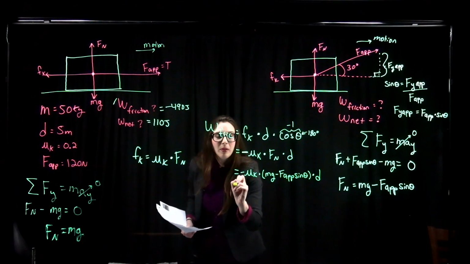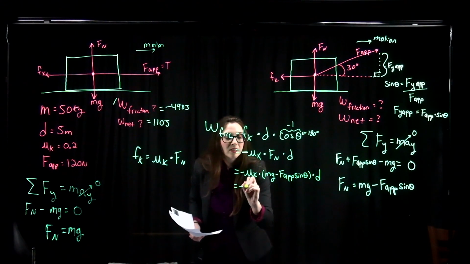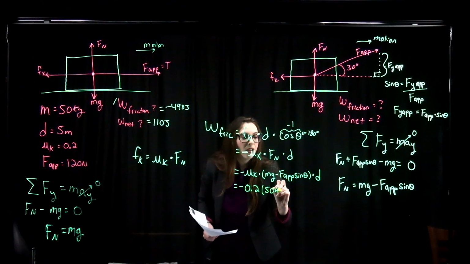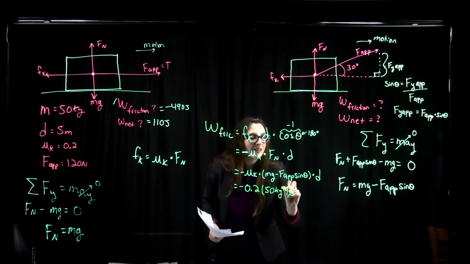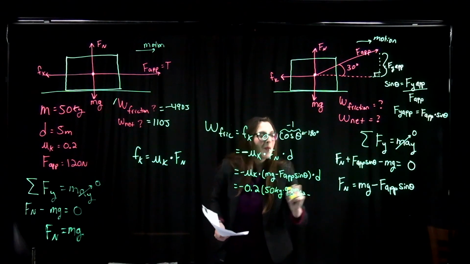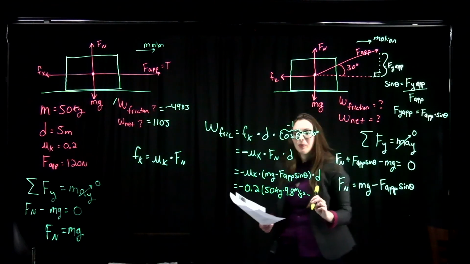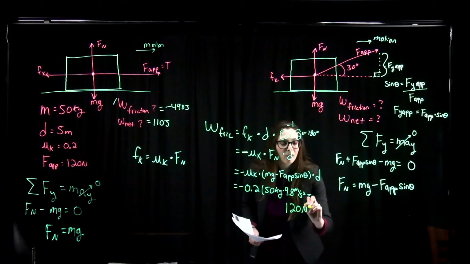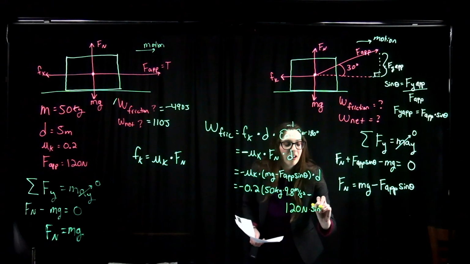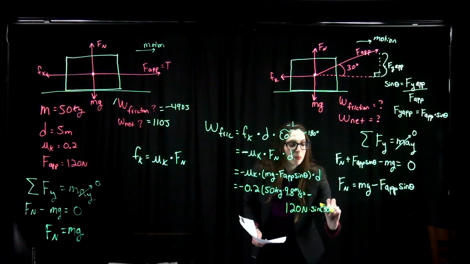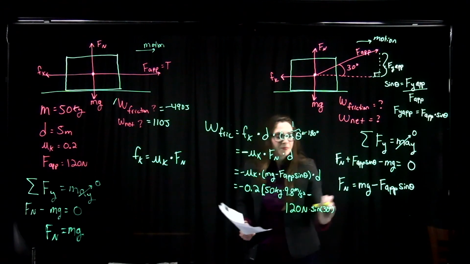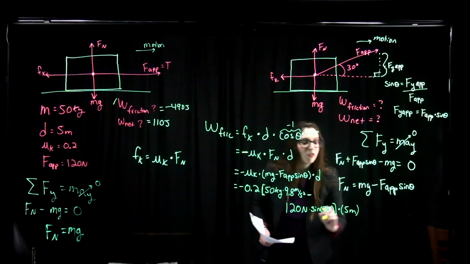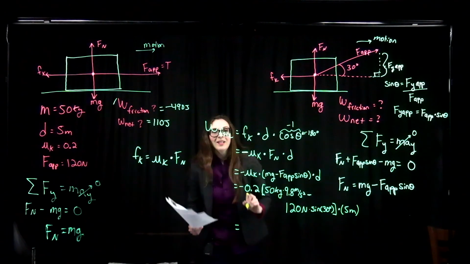So it equals minus 0.2 times 50 kilograms times 9.8 meters per second squared minus, running out of room here, minus 120 newtons, which was my applied force, sine of my angle 30 degrees, at which we're pulling above the horizontal, and then times my 5 meters over which this force is applied.